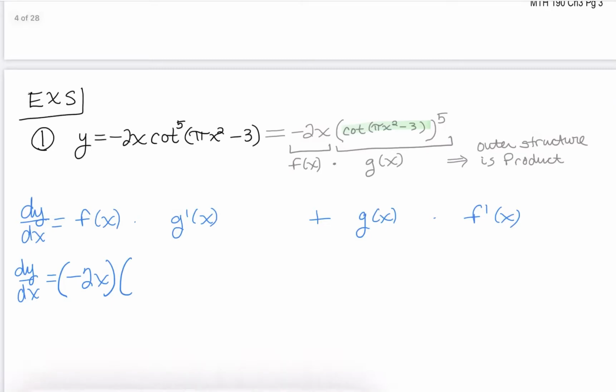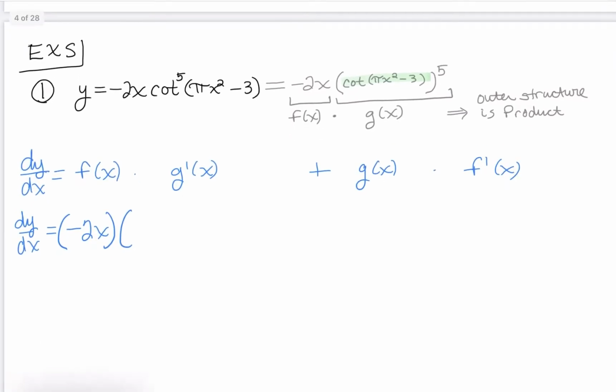So its outermost rule in this chain rule process is going to be the derivative of the outside with a power rule. So 5 inside function left alone to the fourth power. So inside function left alone happens to be itself a pretty hideous looking little function for an inside, cotan of pi x squared minus 3.